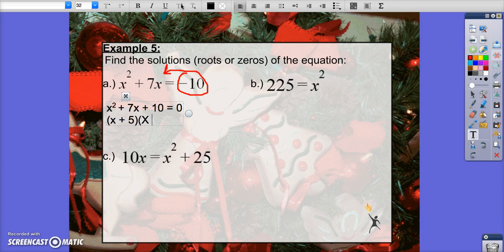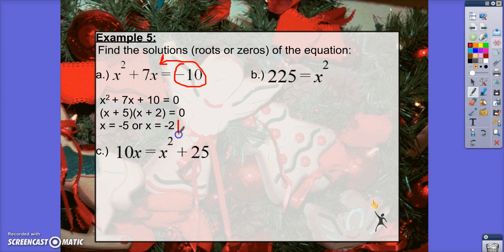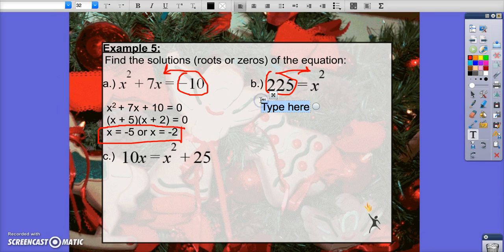Like I say, you might want to pause the video for these. See what you could get. You should get negative 5 or negative 2 for your answer. So remember, before you could factor, it has to be equal to 0. So in this one, I will move the 225 over to the right, just because the x squared is there. It's a little bit easier.